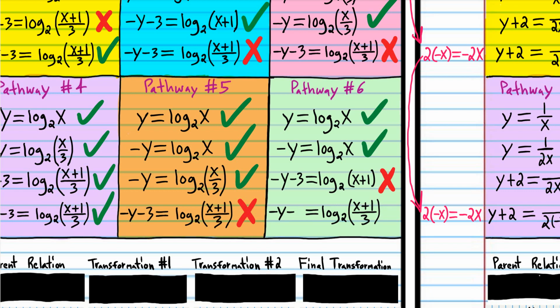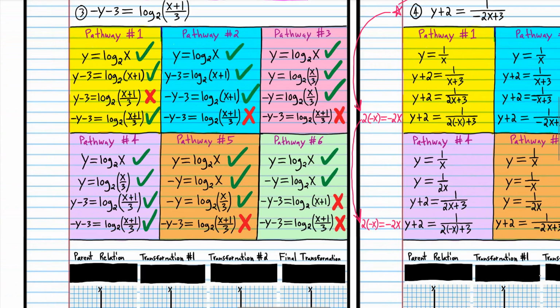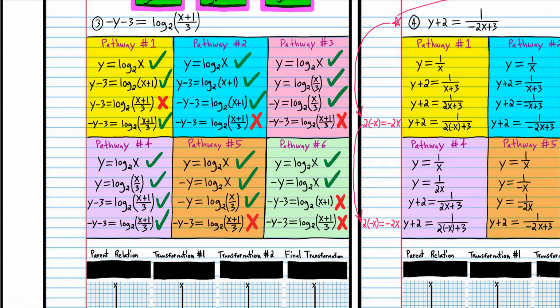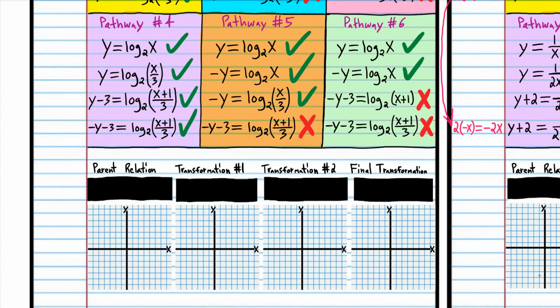And if that were not bad enough, then in the next step, we're dividing x plus 1 by 3. Again, the transformation properties don't tell us what to do in that situation. So now we have our pathway. We're going to use pathway number 4, obviously. In this case, there was only one pathway that was appropriate.